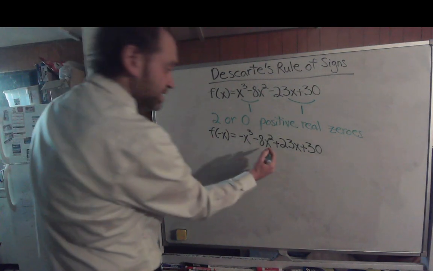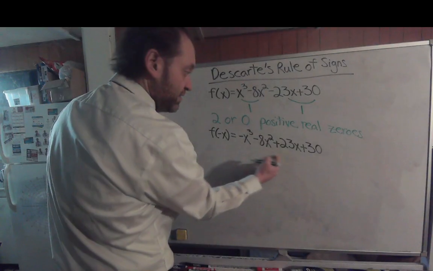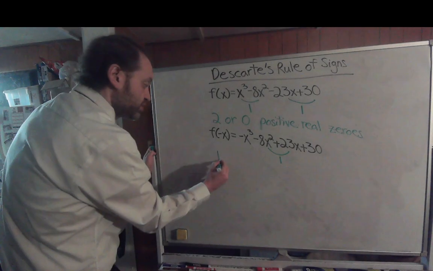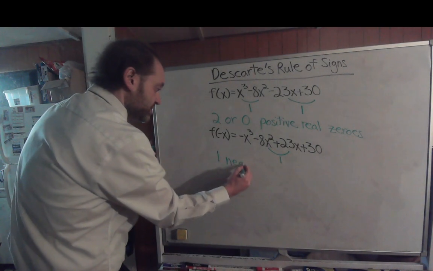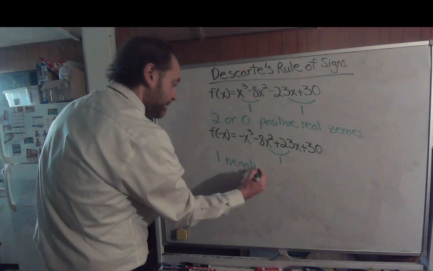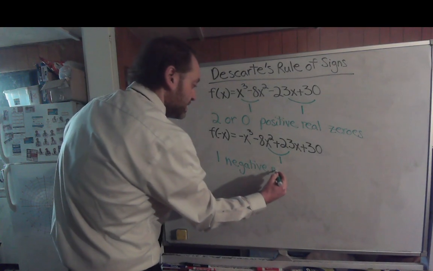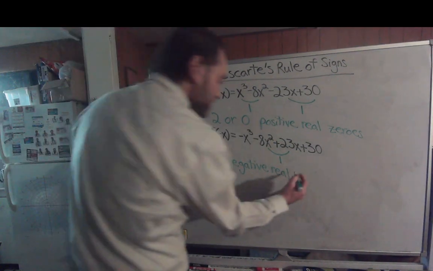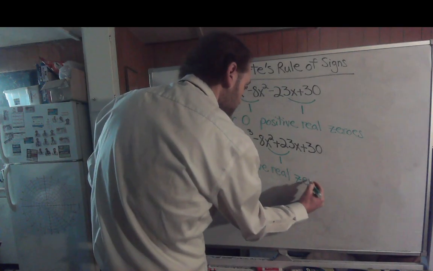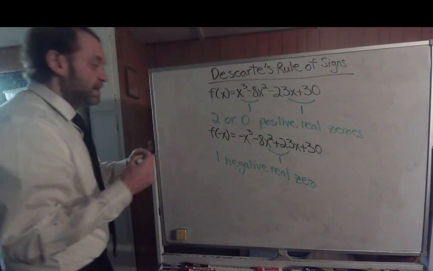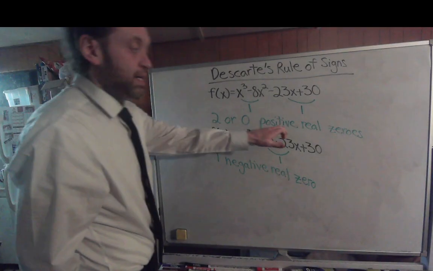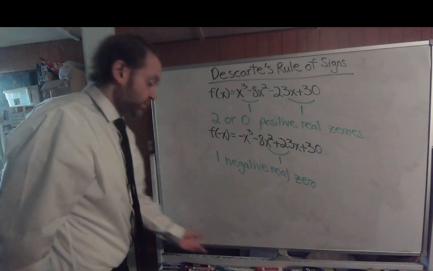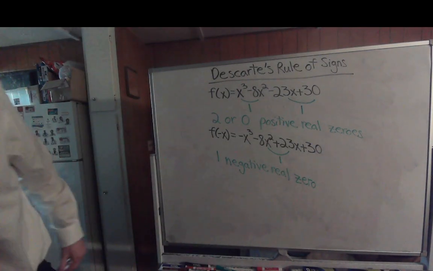Well, there's only one sign change here between the negative 8x squared and 23x. So literally, you're just going to have one negative real zero. And since it's less than 2, you don't have to decrease the quantity by 2. So in the end, you have either 2 or 0 positive real zeros and then one negative real zero. And I got more examples of this here.